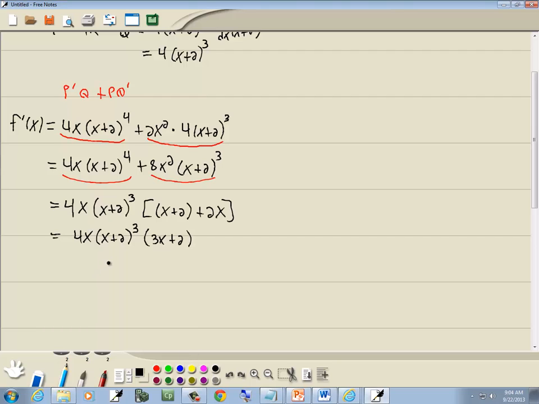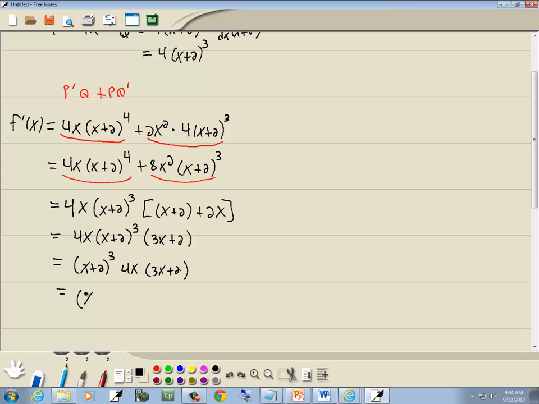Now, I could use a variation of the product rule where you got 3 products, but instead I'm going to rearrange this: x plus 2 to the 3rd, and I'll put the 4x in front of the 3x plus 2.